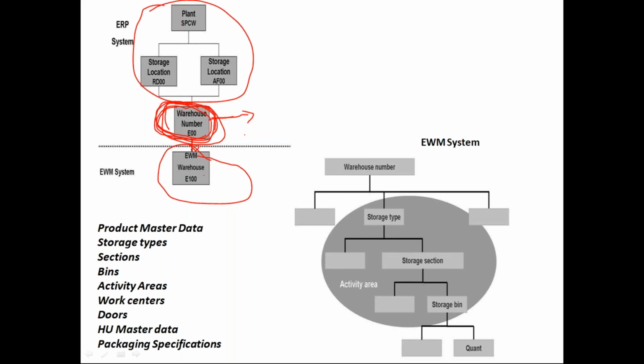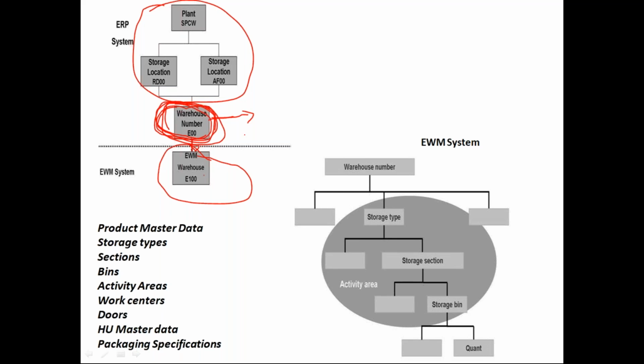SAP recommends a minimum of 2 storage locations for every scenario. You'll understand that when you get into the system and see. But the point is, you can work with a single storage location, you can work with multiple storage locations. That all depends on how many storage locations you have in your plant. Basically, you can have only one storage location, or just 2 storage locations, to take care of your complete structure.